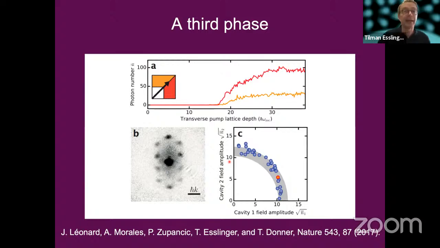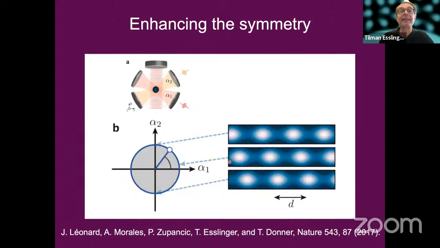Nice. I'm very glad about the comments in the chat. Okay, let's go to the next slide, and that shows you this enhancing of the symmetry. It actually goes directly to that question. So you have the two fields plotted here, and you have a relative phase shift, and depending on that, on the intensities of the fields.